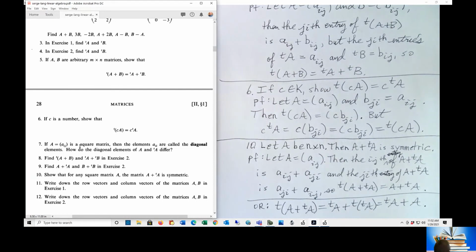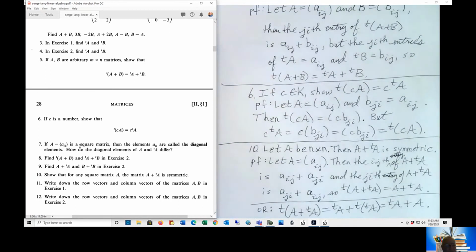And so you get the same matrix when you take the transpose of the transpose. Now, it's a simple result, but you'll see how important it is later on.